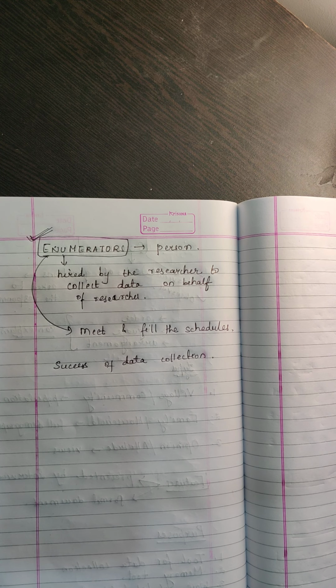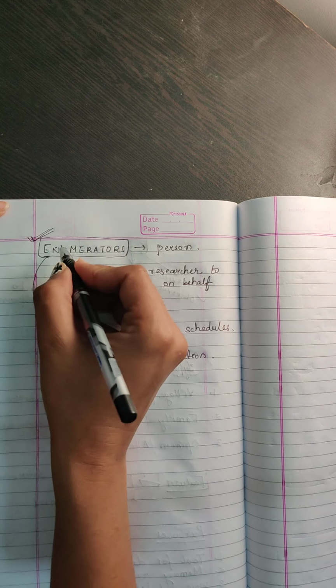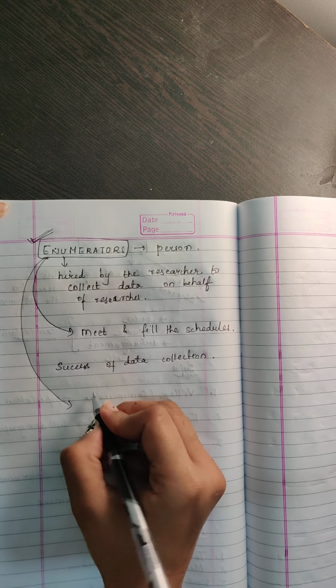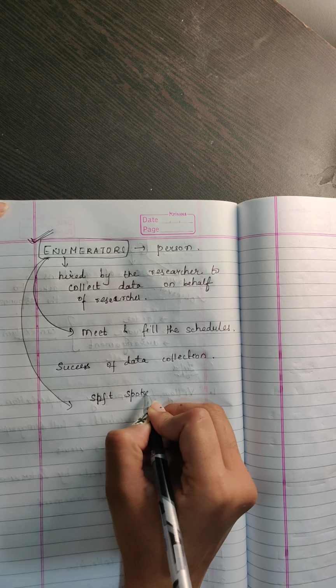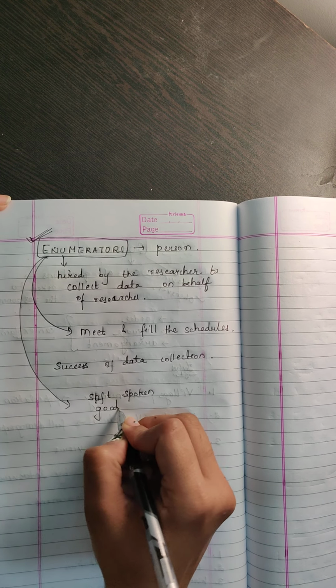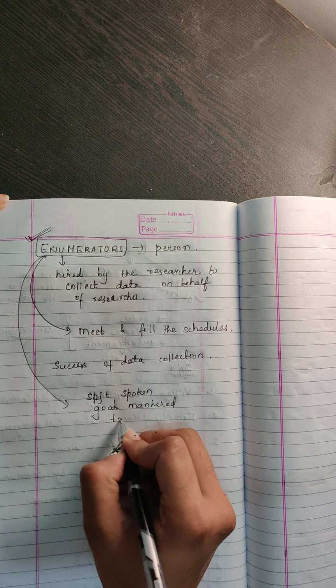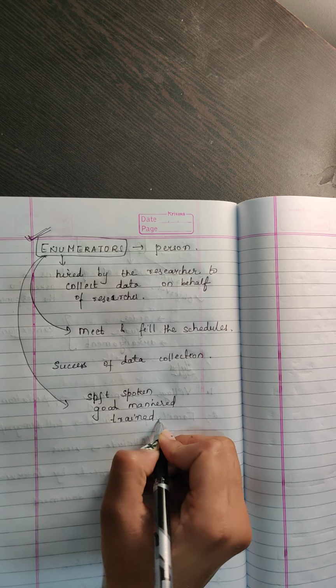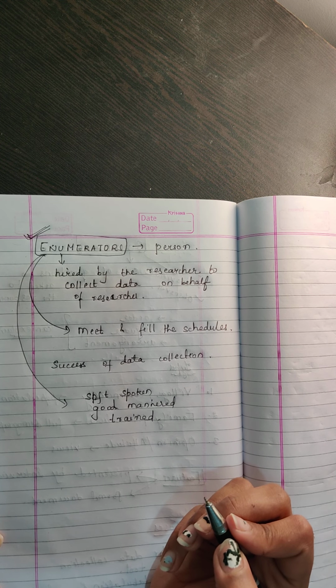His sincerity and efficiency is very important. Because he is the front face, he should be soft spoken and good mannered, and he should be well trained so that he is able to carry out his functions in a proper way.